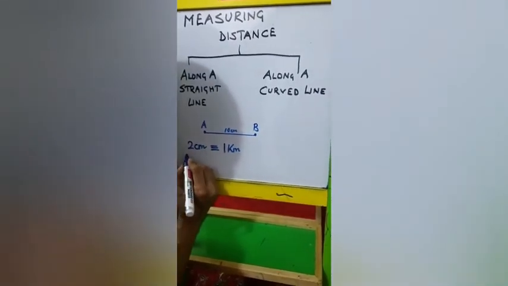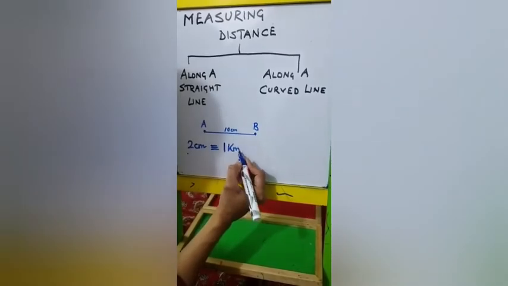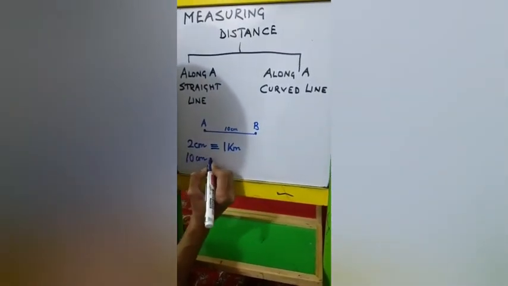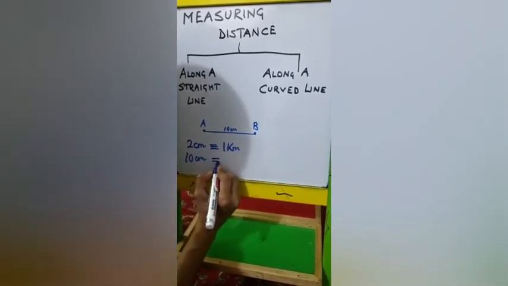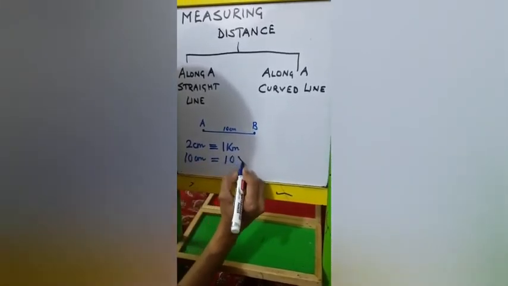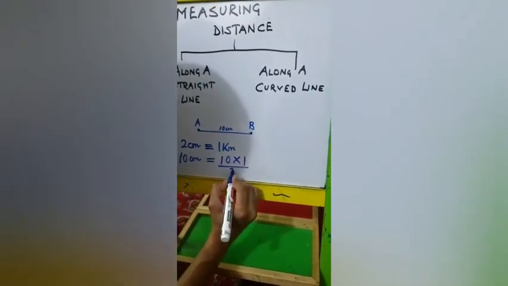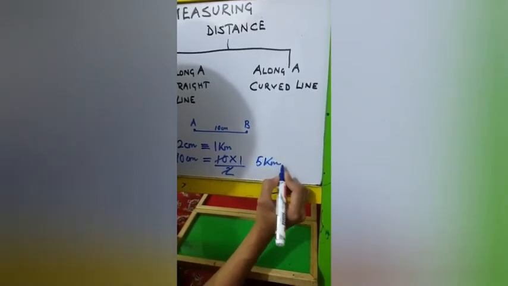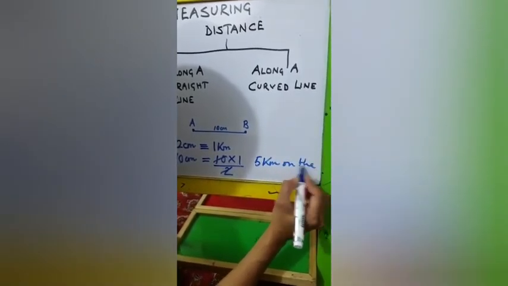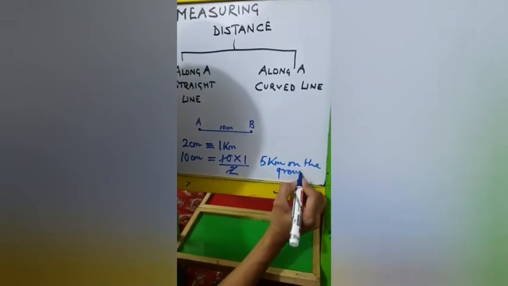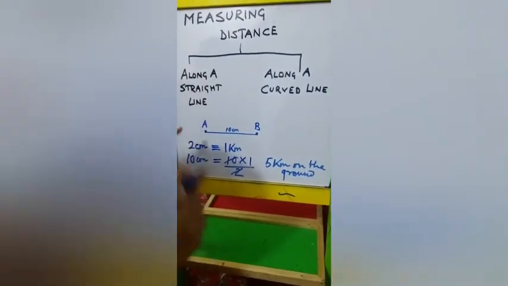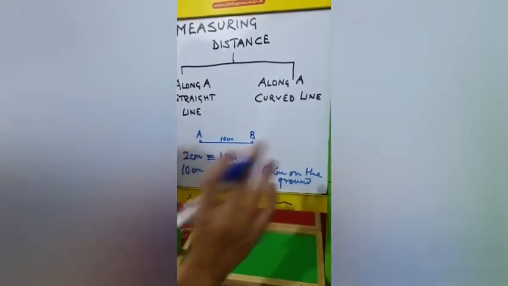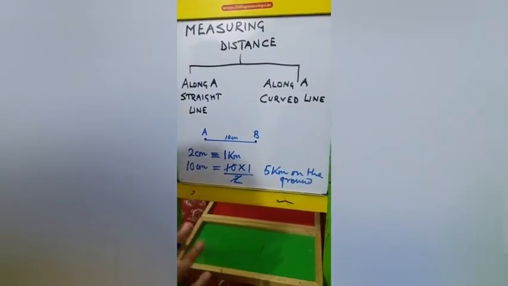So what I'll do is that if 2 centimeter equals to 1 kilometer on the ground, then 10 centimeters on the map is equivalent to 10 multiplied by 1 divided by 2, which is 5 kilometers on the ground. So this is simply how we measure the distance between two places if it lies more or less on a straight line, and then convert it into the scale given in a map.